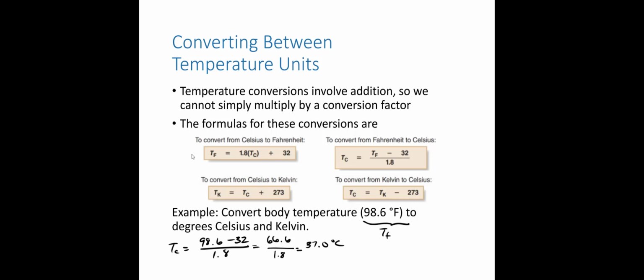I'd like to now convert that into Kelvin. To convert that into Kelvin, I'm going to use the formula right there. So temperature in Kelvin. Notice we don't actually use a degree sign for Kelvin here. Temperature in Kelvin is simply the temperature in Celsius plus 273.